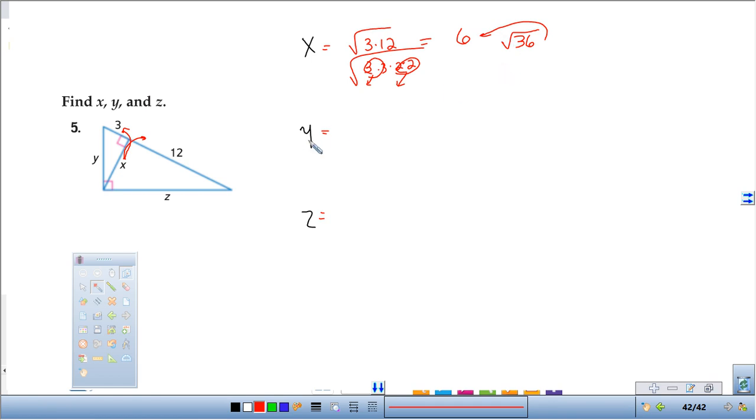Okay, let's try letter Y. Let's find Y. Y is going to be equal to the square root. Type the 2 numbers, guys, in there.